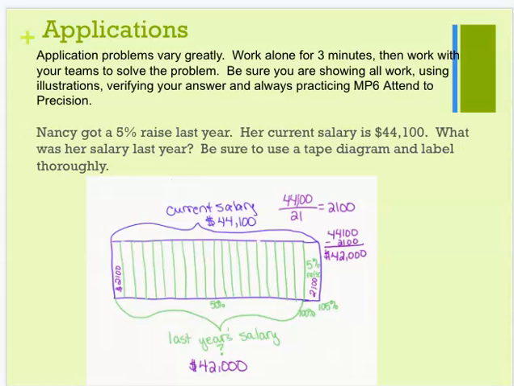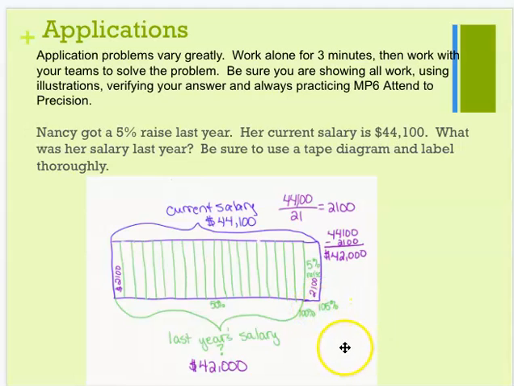So again, I drew a tape diagram. Notice that I made my entire rectangle represent the current salary, which included the 5% raise. So I labeled the end of the bar this time as 105%. Then when I labeled to 100%, that would be last year's salary. Then I broke it up into 20 sections. There's 20 from 0 to 100, and then there's one more.